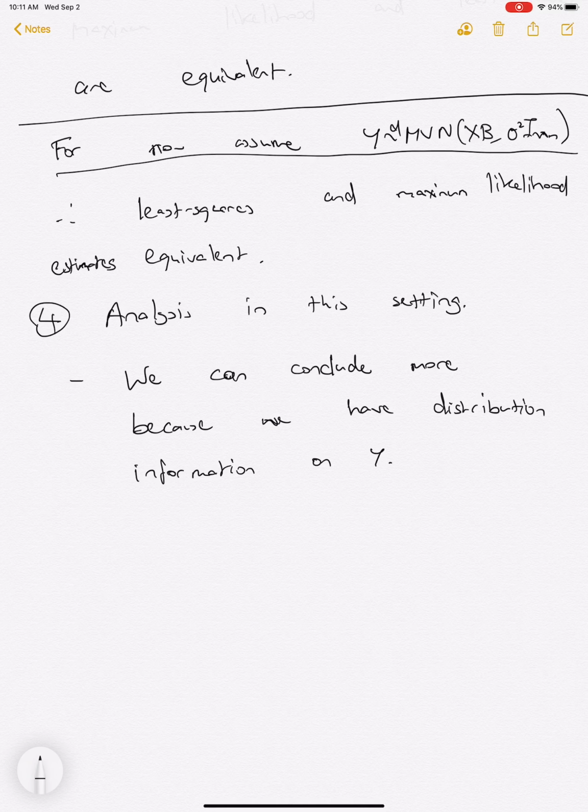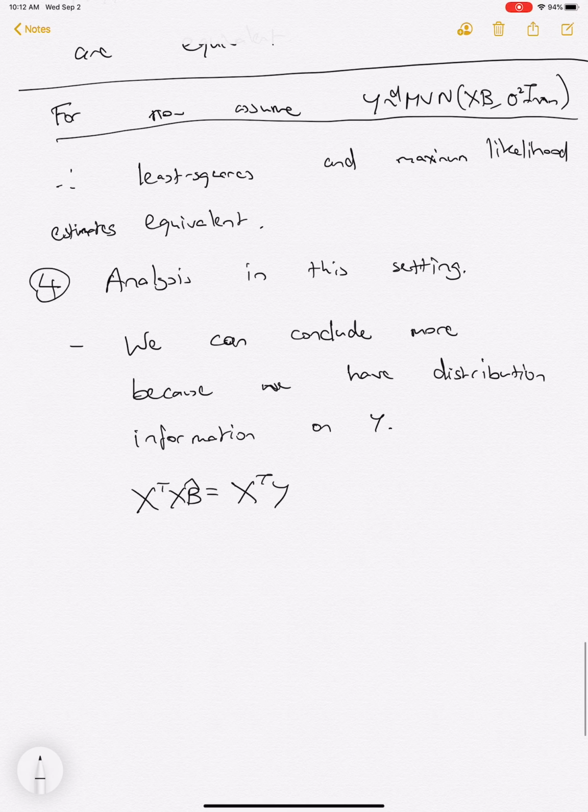Okay, so in particular, we know that X transpose X b hat equals X transpose y. And once again, in the analysis phase, we want to say something about how b hat relates to b. We also have that y equals Xb plus epsilon, where epsilon is multivariate normal, mean zero, and covariance sigma squared I. Sorry, we're in this homoscedastic setting.